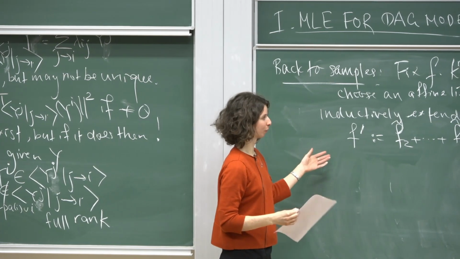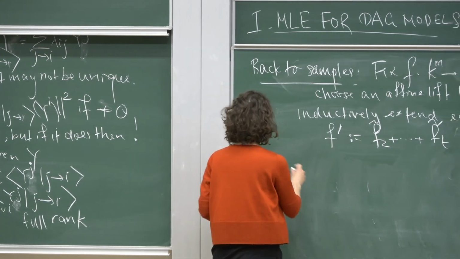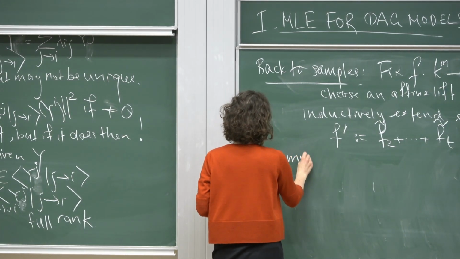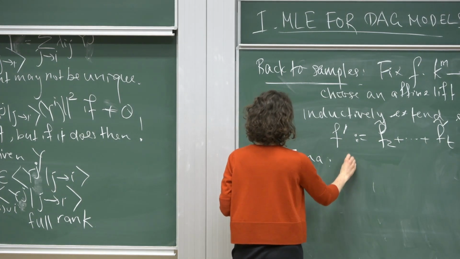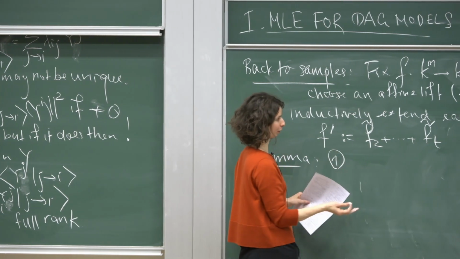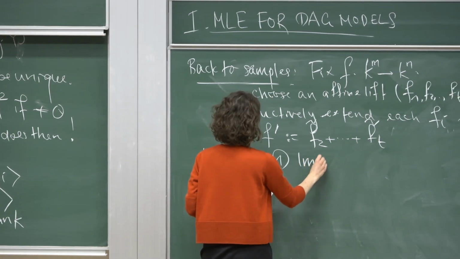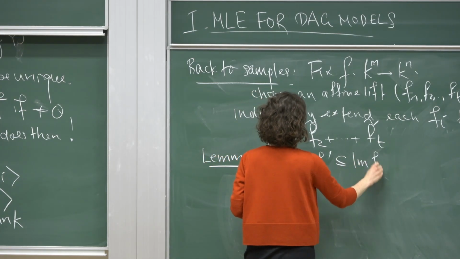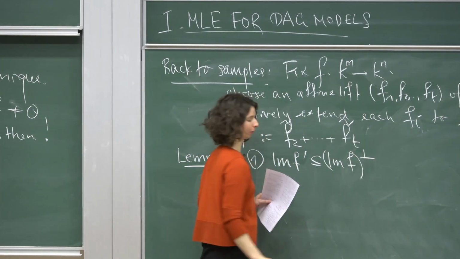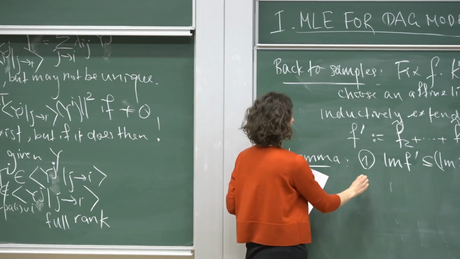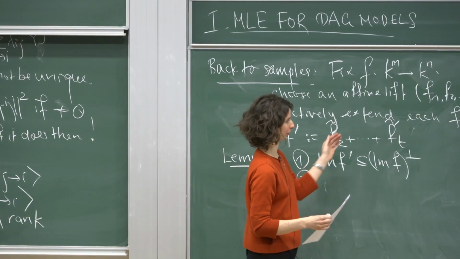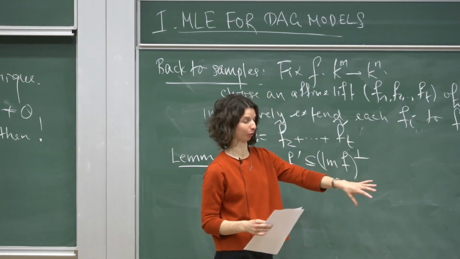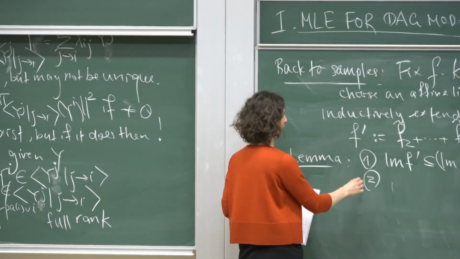And really just by virtue of how we've done this, we get a straightforward lemma, which is that F prime satisfies two properties. The first one is that the image of F prime is contained in the orthogonal complement of the image of F. This is just by virtue of them being maps from the kernel to the co-kernel, which you identify as the orthogonal complement of the image.